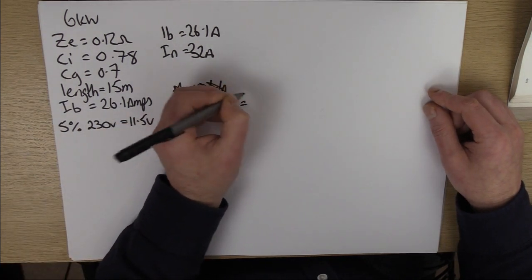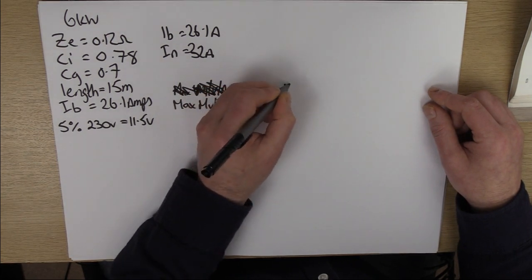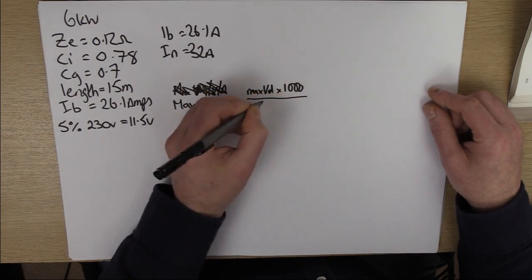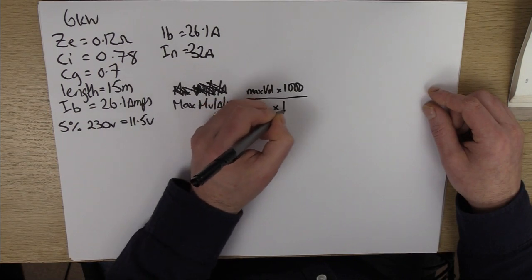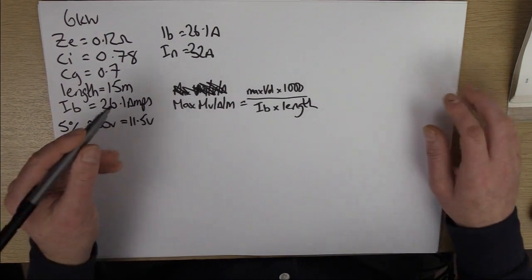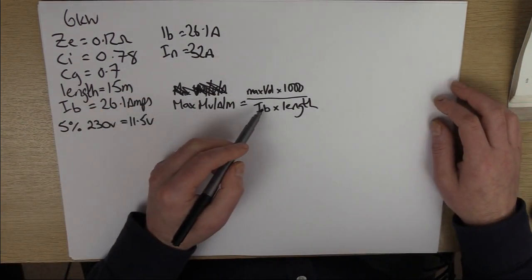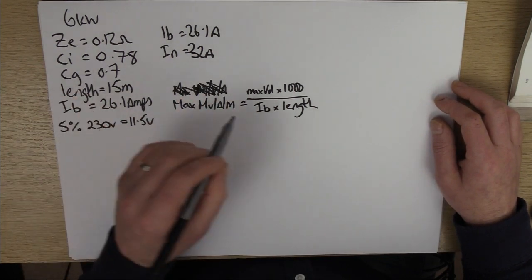So it's the maximum allowed volt drop times 1,000 divided by design current times length. And you know, the rearranging of that is fairly straightforward. And I've done that in the other video.